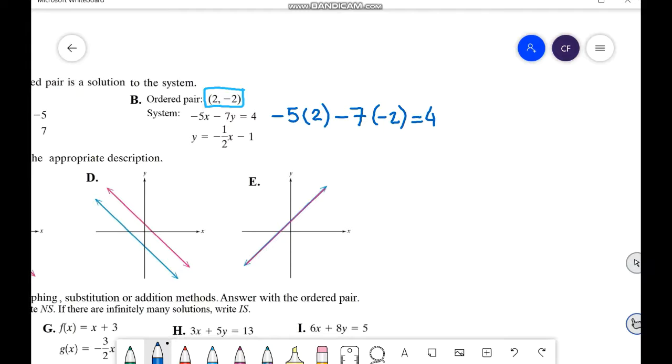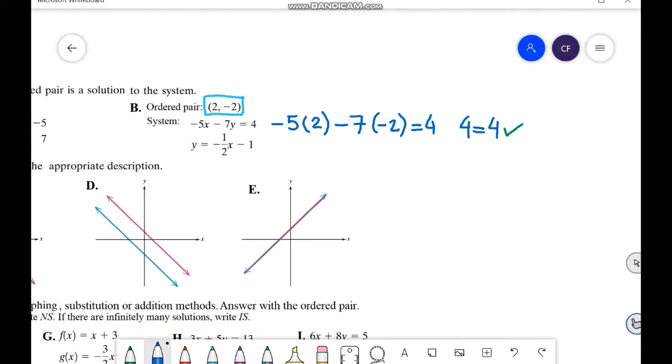Negative 5 times 2, negative 10. Negative 7 times negative 2, positive 14. Positive 14 minus 10, 4. That means 4 equals 4. Is this true or false? True, right? 4 equals 4. That's true. That's nice.